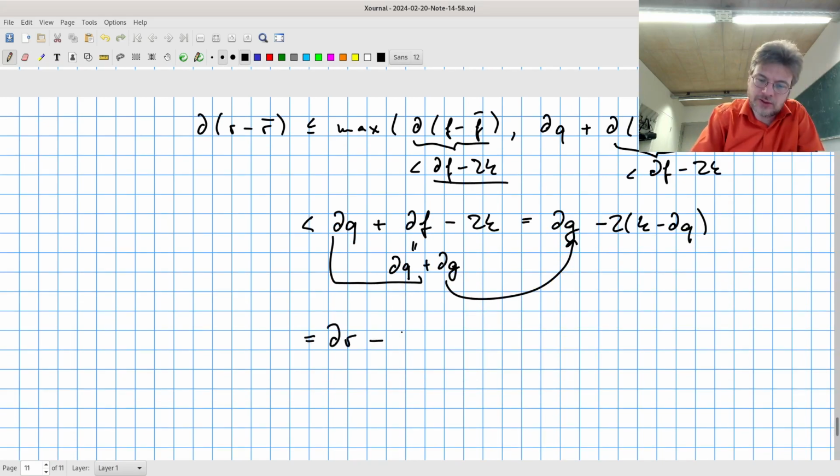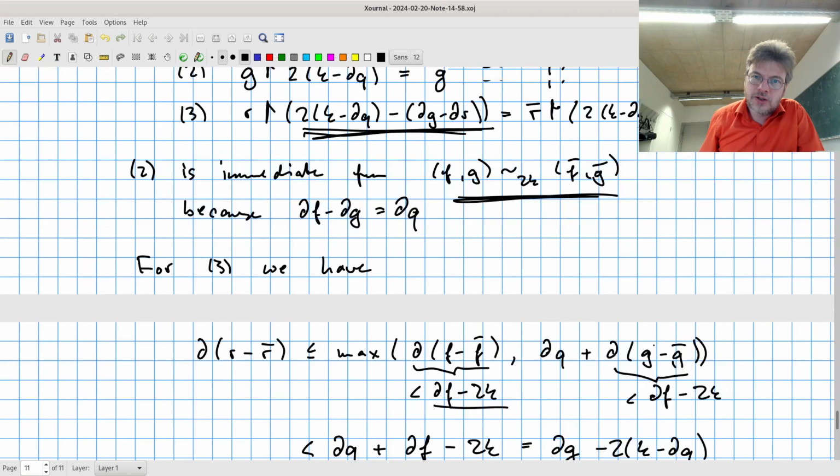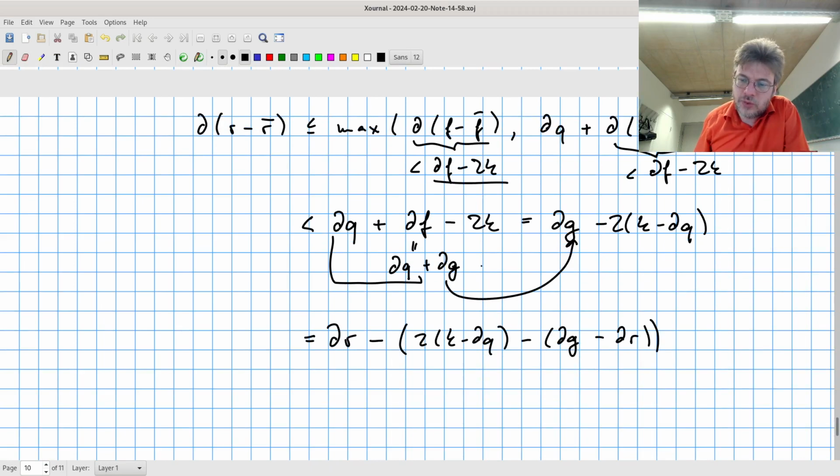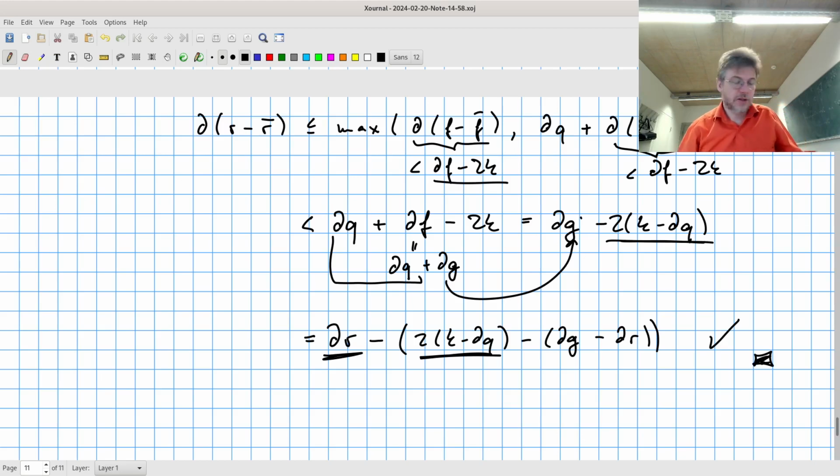So it is R minus what it is supposed to be, 2k minus degree Q minus degree G minus degree R. Okay, so that should be this quantity here, and see if this is true. So we have the degree G, which is here, and it's minus minus, so this matches. Then this here is this here, together with the minus, and then this R minus minus minus gives 0, so 2. This completes the proof.